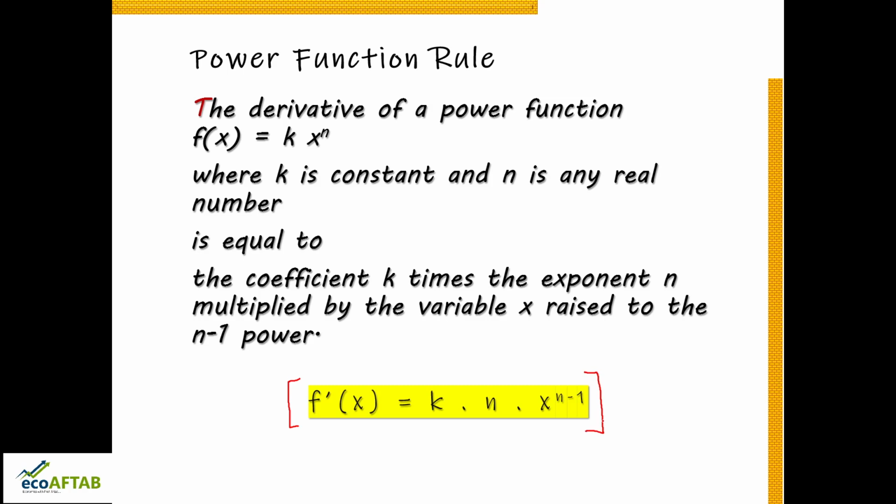Now with the help of this formula, let us see the example. If y is equal to x square, y prime is equal to n into x raised to n minus 1.